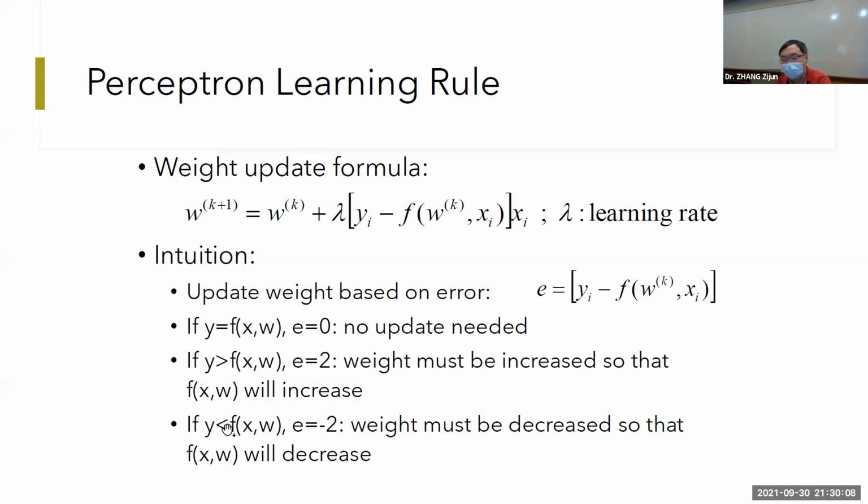If Y is less than the estimation, which means the error is negative, then the weight must be decreased, so that this estimation will be decreased. So this is the intuition of the update. It's kind of a control problem. If your observation is larger than your estimation, you want to improve the weight so that your estimation can be increased.